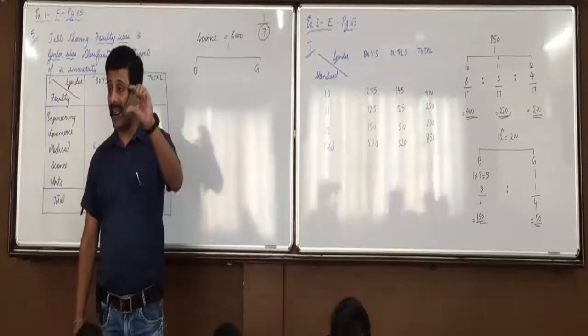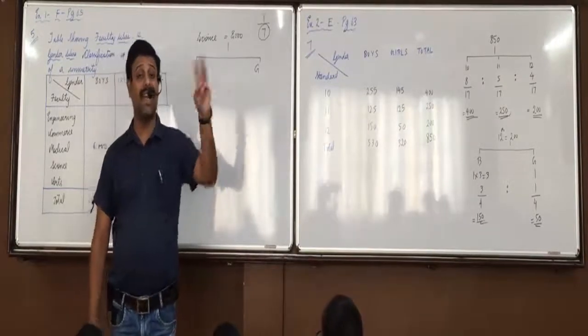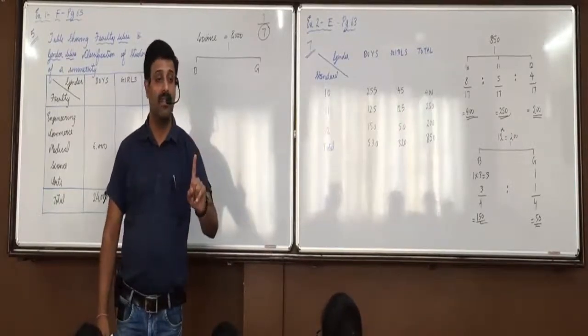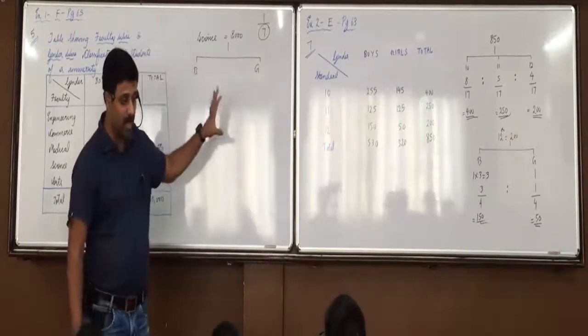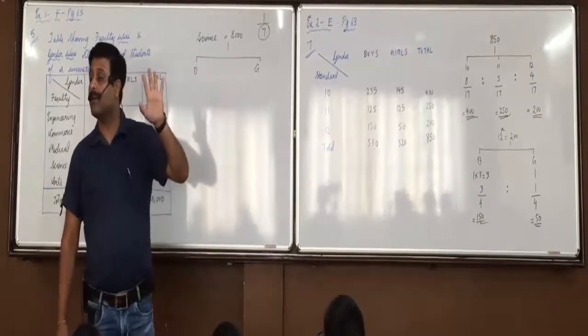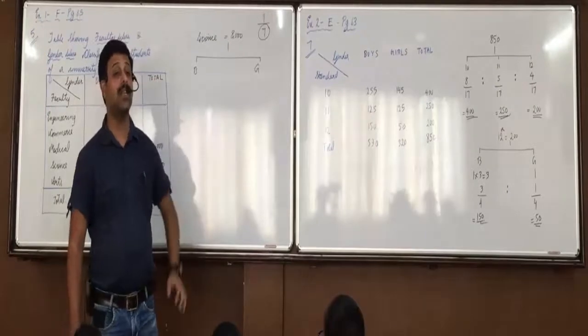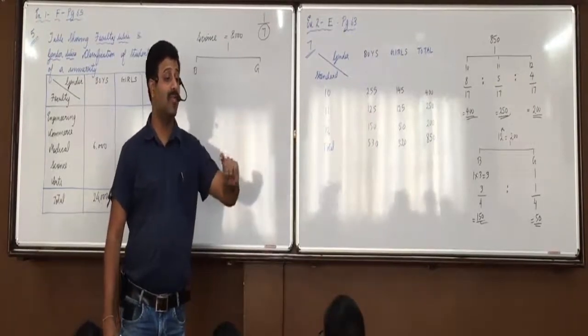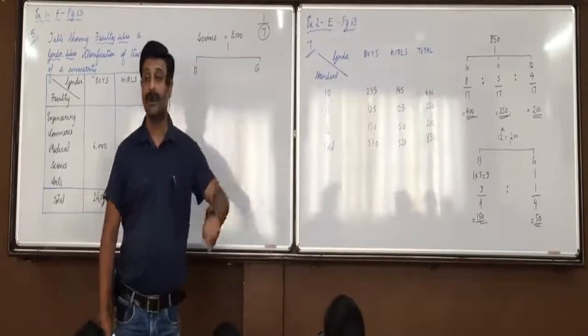Whenever you are given in fraction, like in homework it was given 3 times, there was no fraction, so you assume 1. But whenever you are given the information in fraction, then assume the denominator. So if they say 1/4, then assume 4. If they say 1/6, 6.